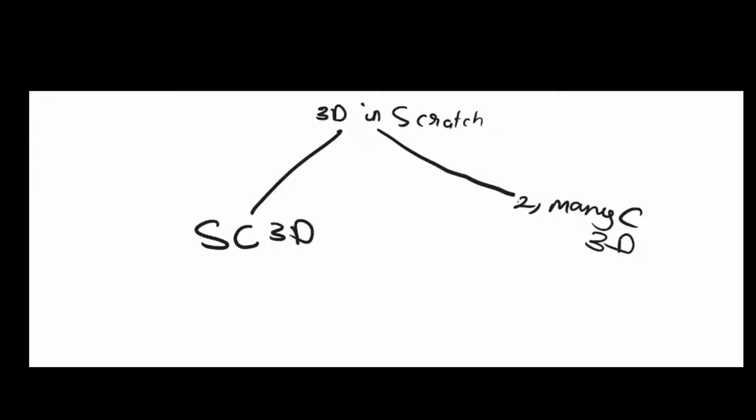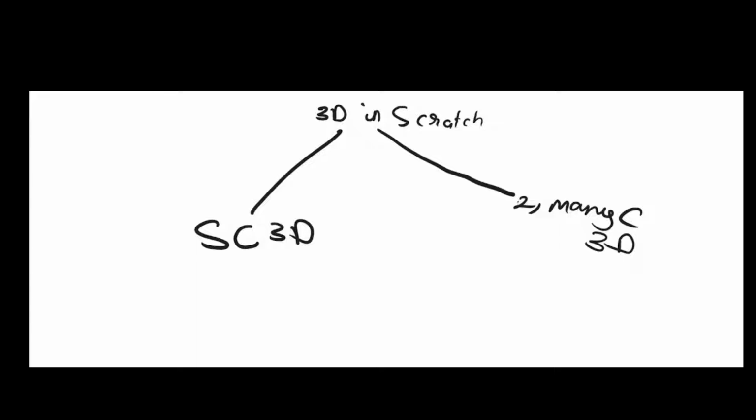In the first one, single costume 3D, which I have written as SC3D, it means it has only one costume. For example, the default sprite in Scratch or any sprite which has only one costume. Even if it has many, you can delete the others and keep the one which you want.